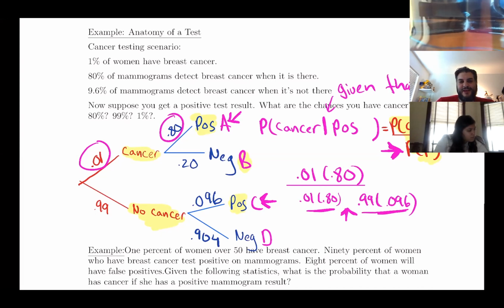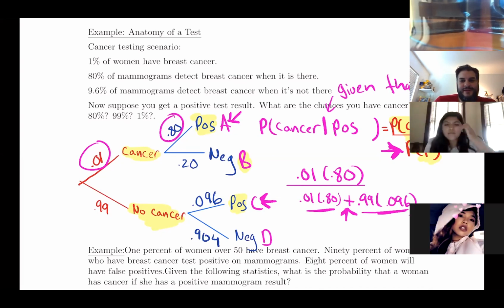Not multiply. If you remember from the notes, we actually just added them. Add. Yeah. So you just want to add those two values. Plus. There you go.